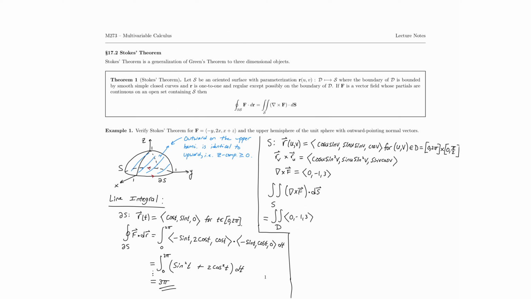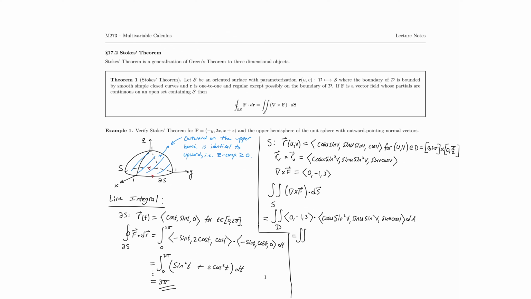So we're not skipping a step, there's just nothing to do for that step. Then we would dot it with our appropriate normal vector, which we found to be this: cosine u sine squared v, sine u sine squared v, sine v cosine v, dA, which will end up being du dv, depending on the order that we choose.